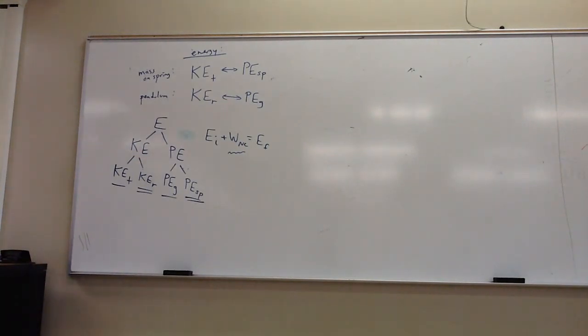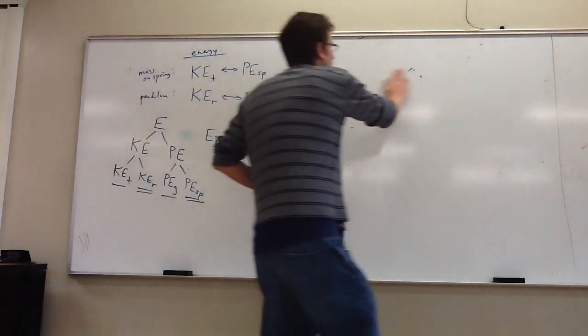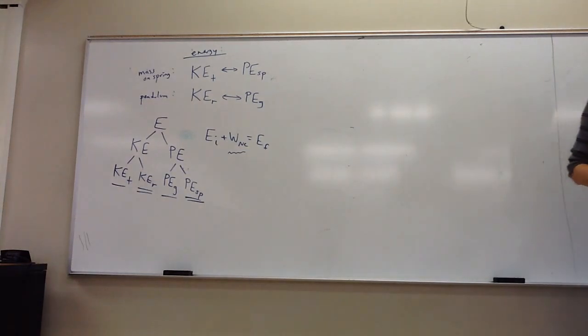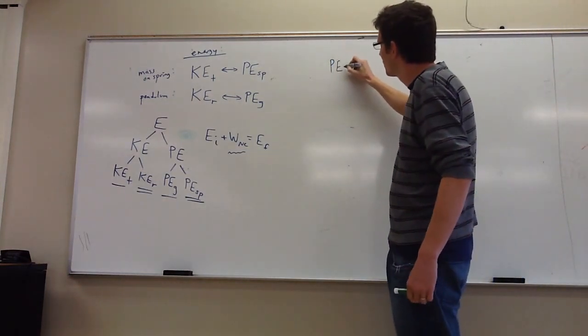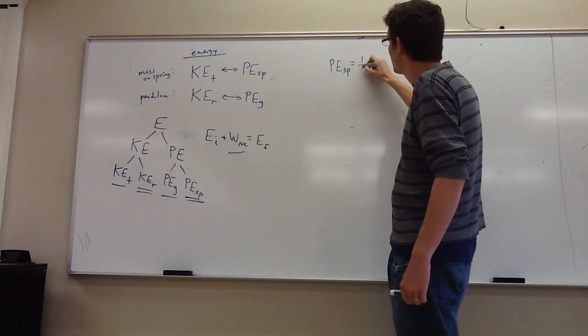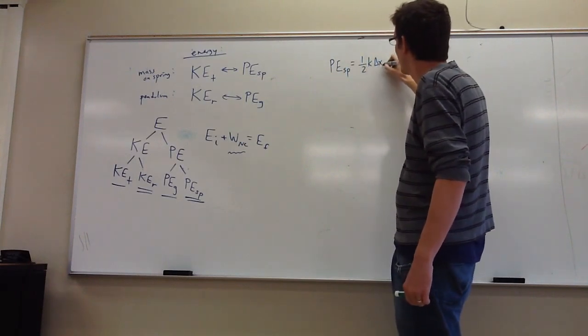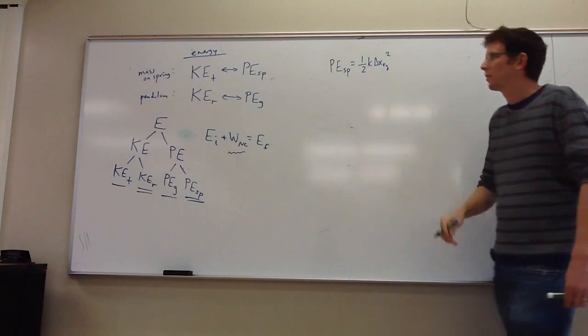All right, so let me tell you what the formula is. I don't want to derive it because I don't think it's worth our time. The formula for spring potential energy is 1/2 k delta x from equilibrium squared.